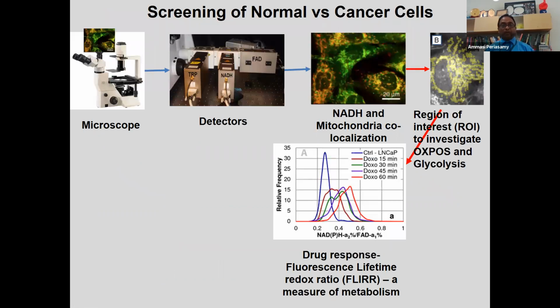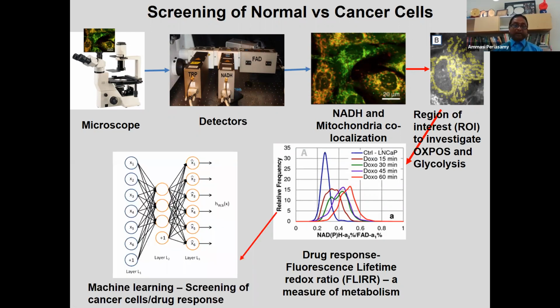So how do you do the analysis? After fitting the data, as I mentioned before, we developed a software image segmentation approach using region of interest selection. Then we use two parameters, the bound NADH and the bound FAD ratio, which gives you the redox ratio, which provides the drug response. And now recently we are introducing a machine learning approach.